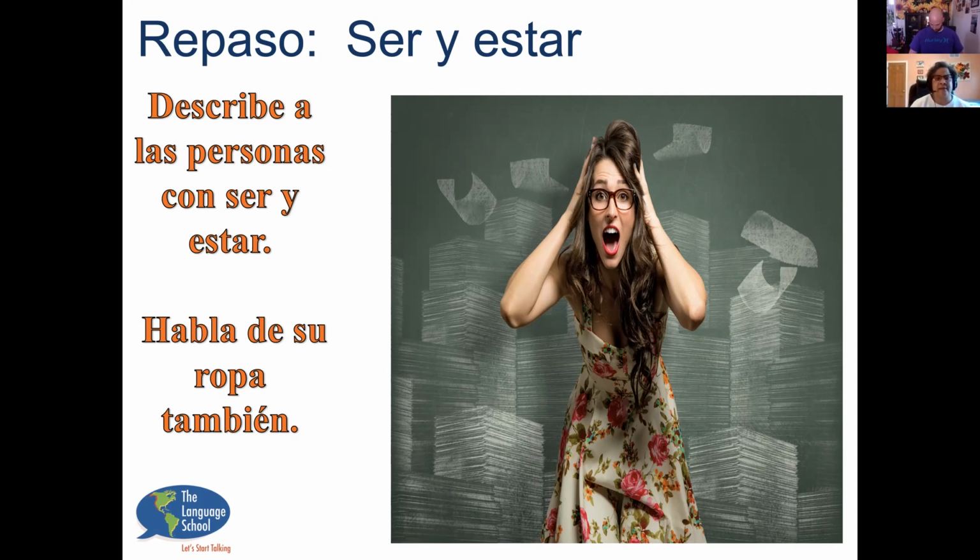Está enojada, o puede ser... está molesta, maybe, I don't know. Está bien.